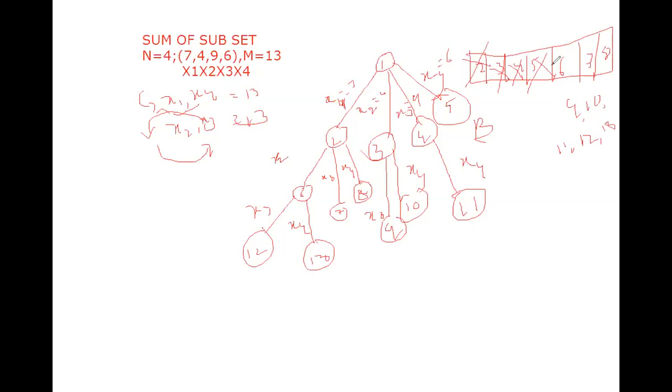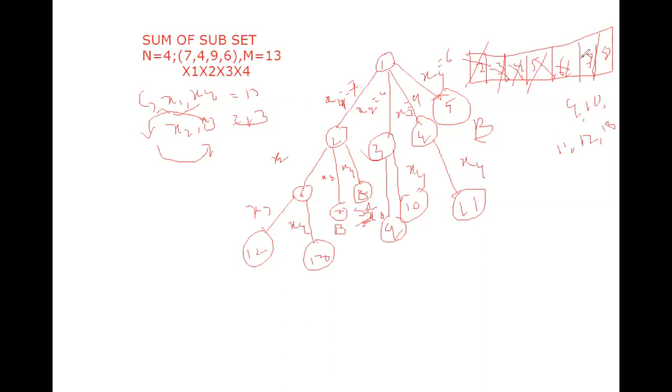Then after 6, the next element is 7. When we move to 7, the cost is x1 is 7 and x3 is 9. So 7 plus 9 exceeds the bound, so you cannot consider this. The bounding function occurs. And here x1 is 7 and x4 is 6, 7 plus 6 is 13. So here is the solution, we cannot extend further.